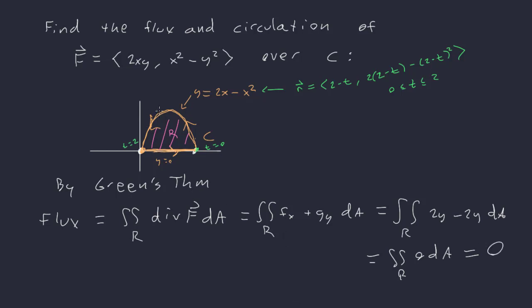So this vector field has 0 flux over C, and we were able to calculate that extremely quickly. I didn't even need to know what the limits of integration were because I know the divergence is 0.